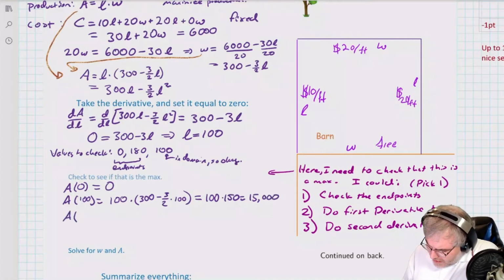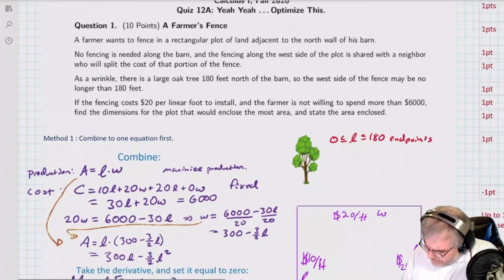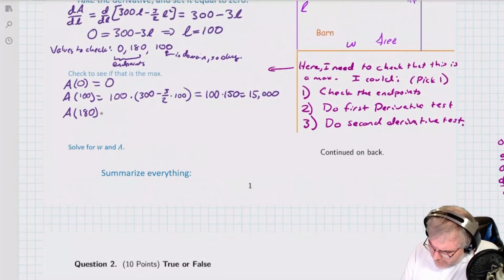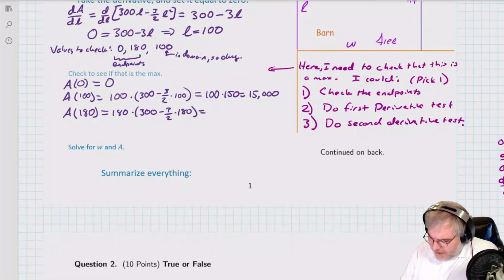And then A of L equals 180, which was the other endpoint, correct? Yes. So I'm going to take 180 times 300 minus 3 halves times 180. And that is going to be a calculator problem. This is going to be 90. 90 times 3 is 270. I can do math.